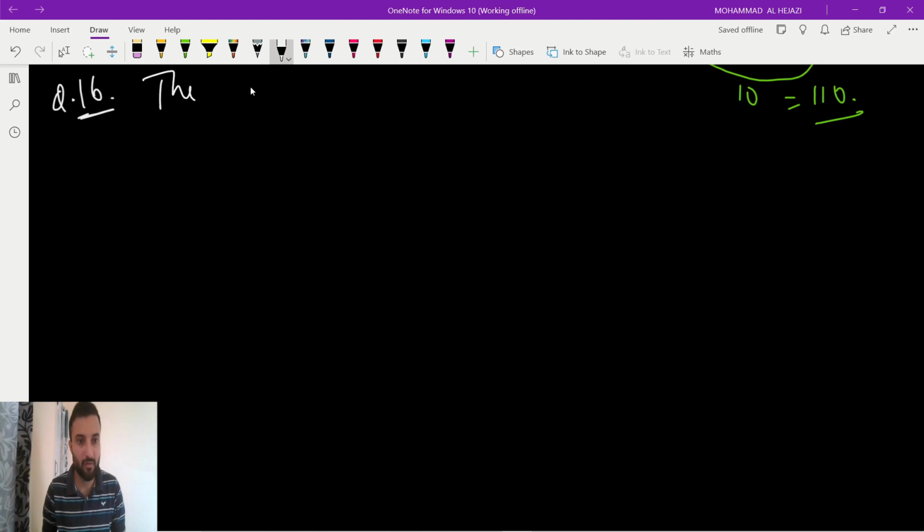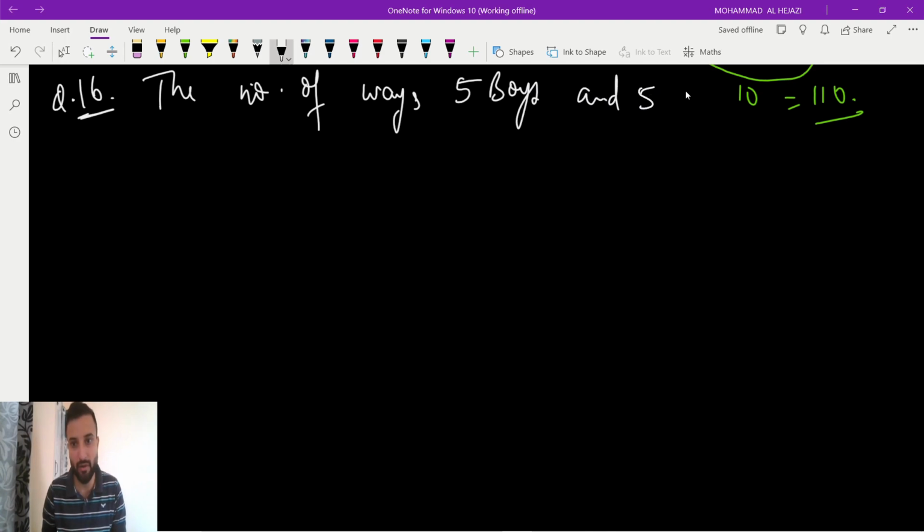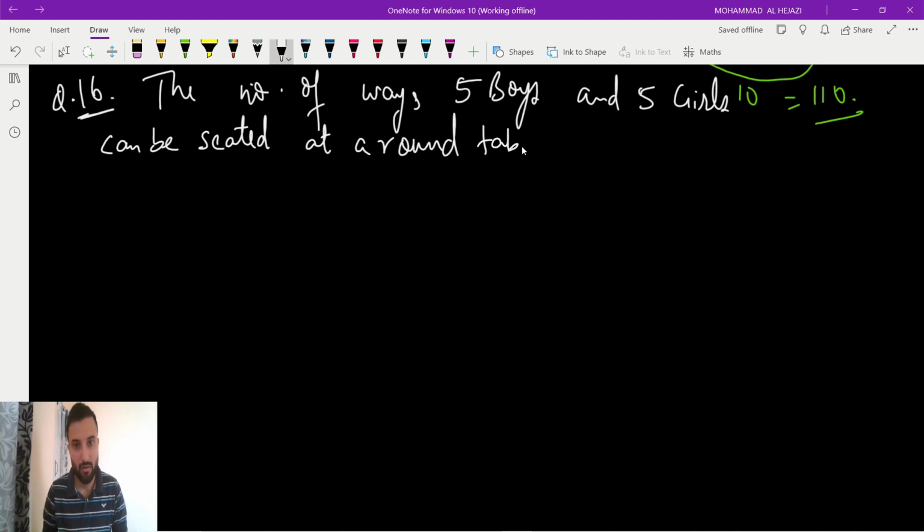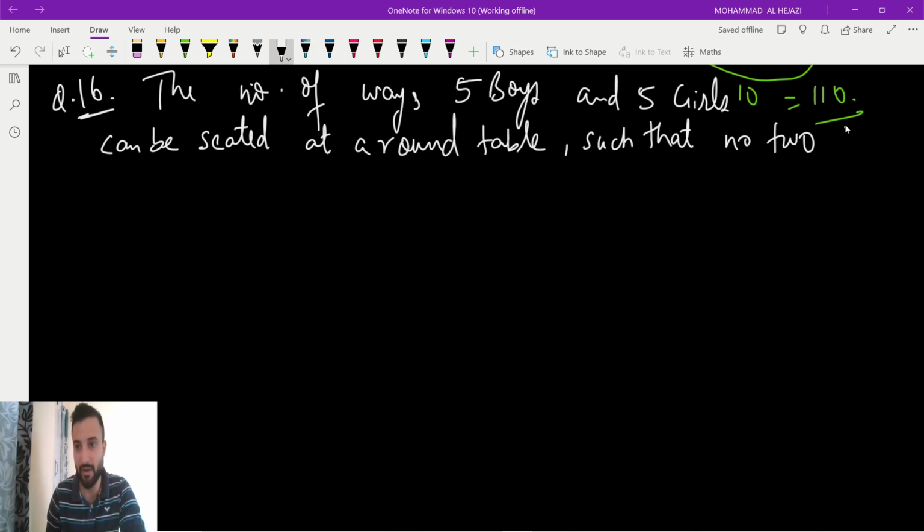Find the number of ways 5 boys and 5 girls can be seated at a round table such that no two boys are adjacent.